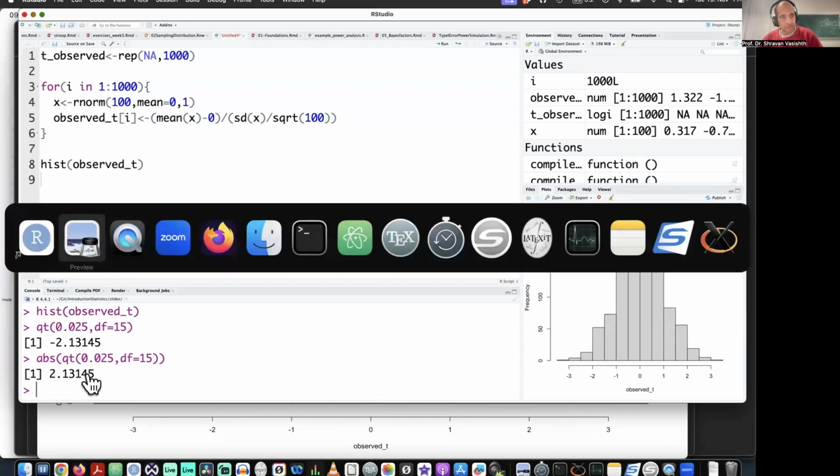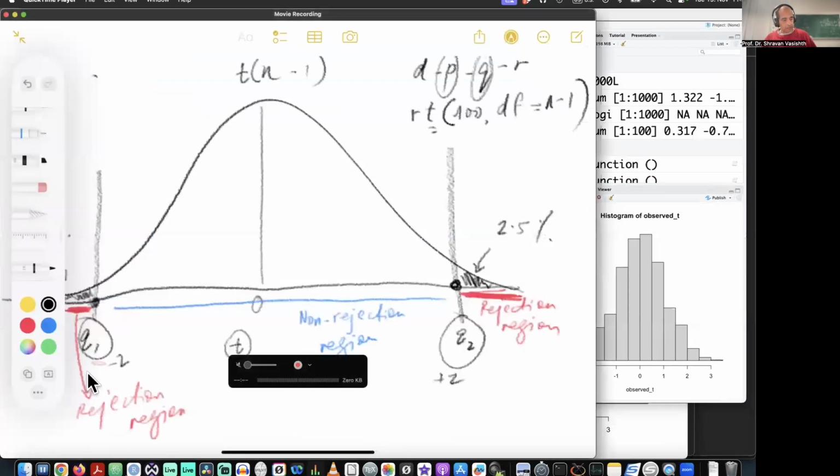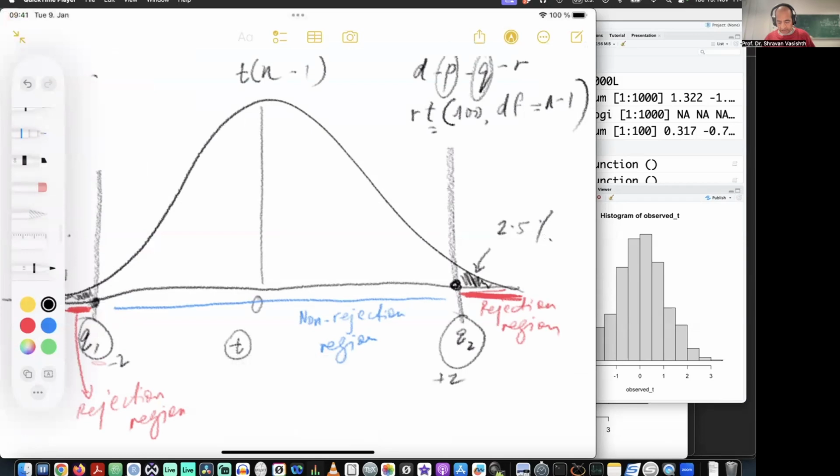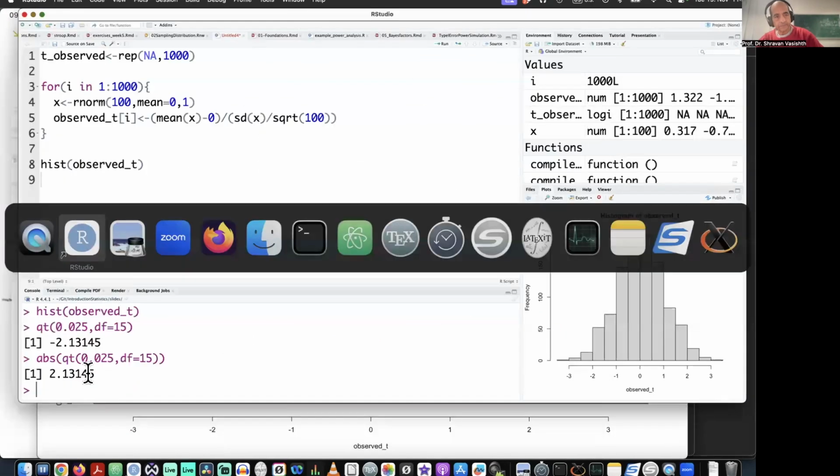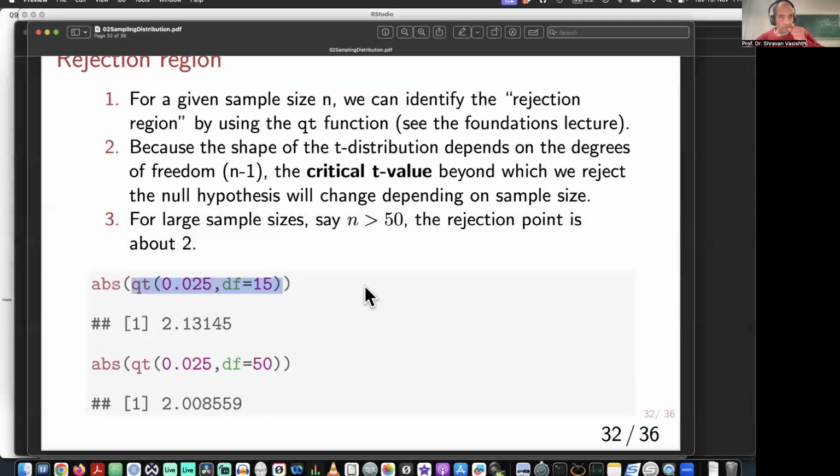If we go back to this figure, here I know that these two numbers, Q1 and Q2, will be identical. And as soon as I just want to know the absolute value, because I know that one will be negative and the other will be positive, because the center point is 0, that's why I'm looking for the absolute value here, okay? So now I know what the cutoff point is, plus minus 2.13, right?